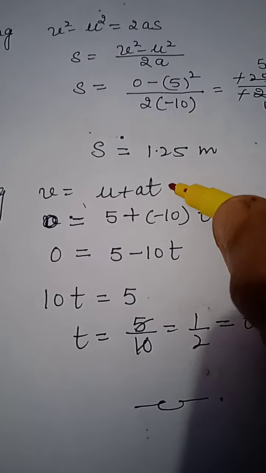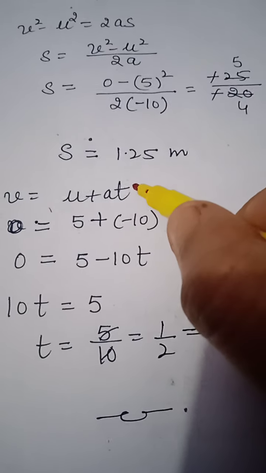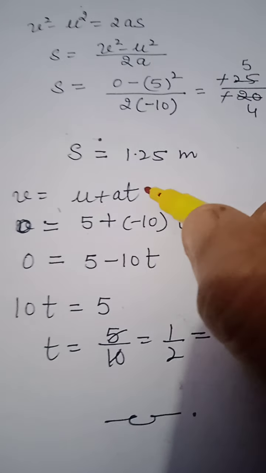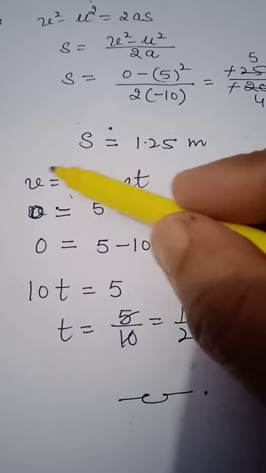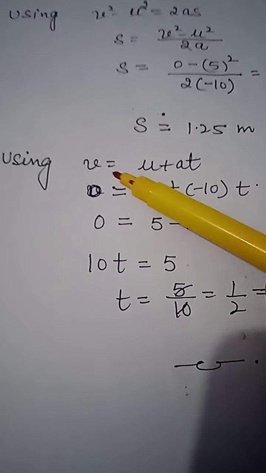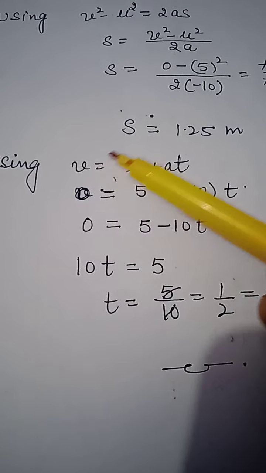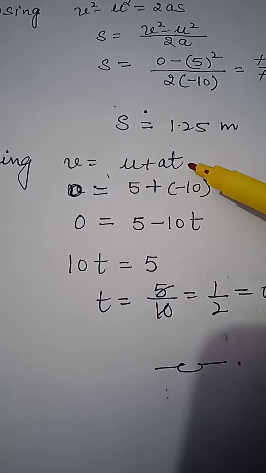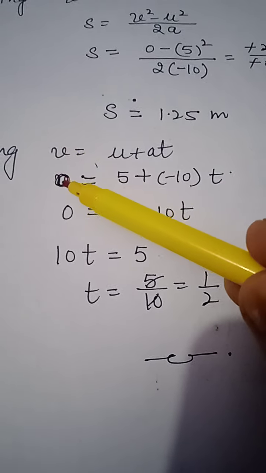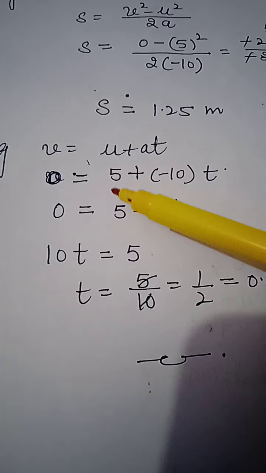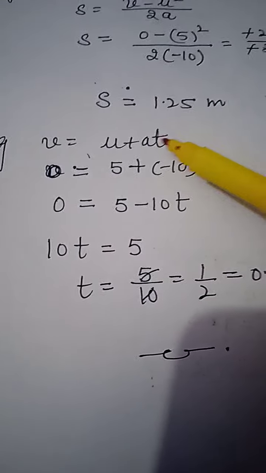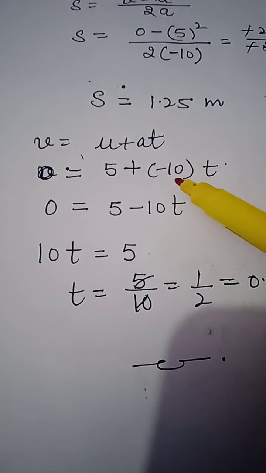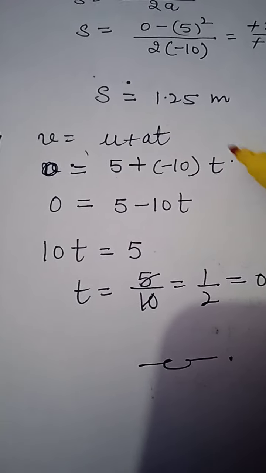Again we have to calculate the time taken to reach that point. So we will use the formula v is equal to u plus at. What is v? v is equal to 0, u is equal to 5, this is given. Acceleration is also given, that is minus 10, and into t.